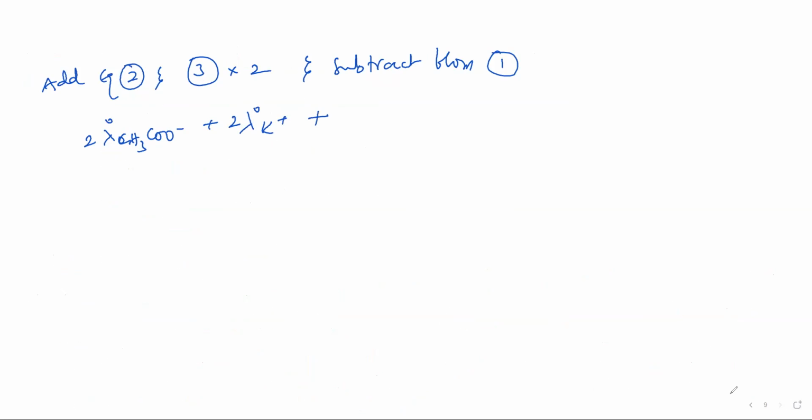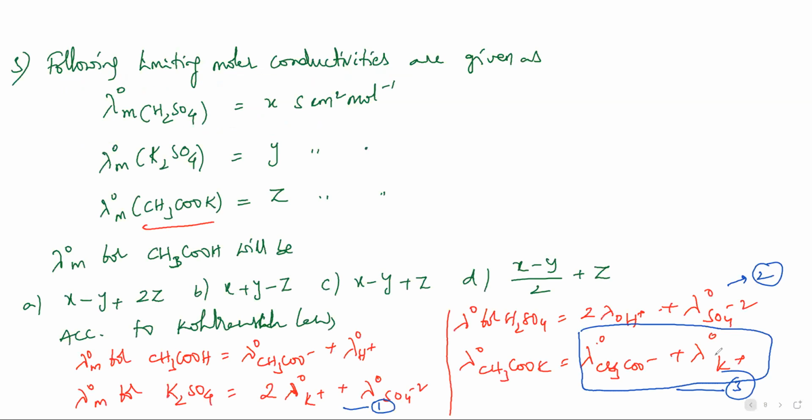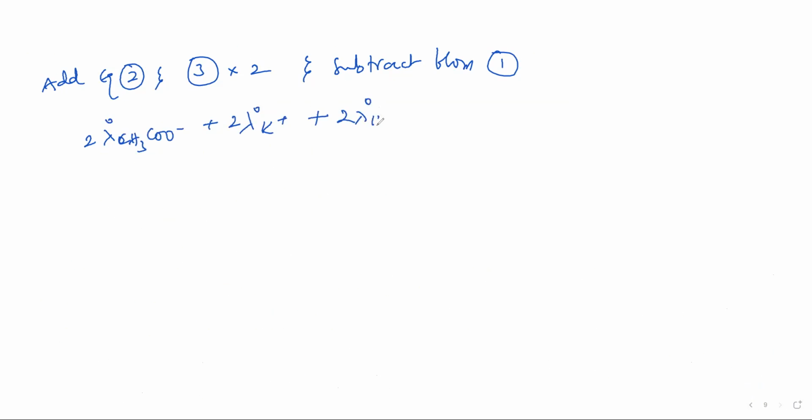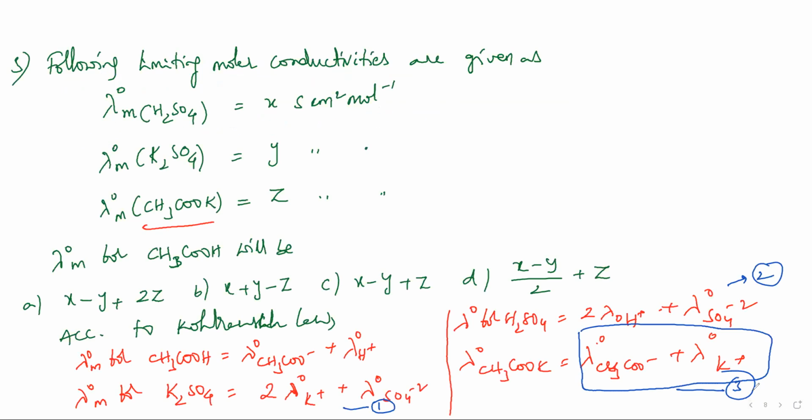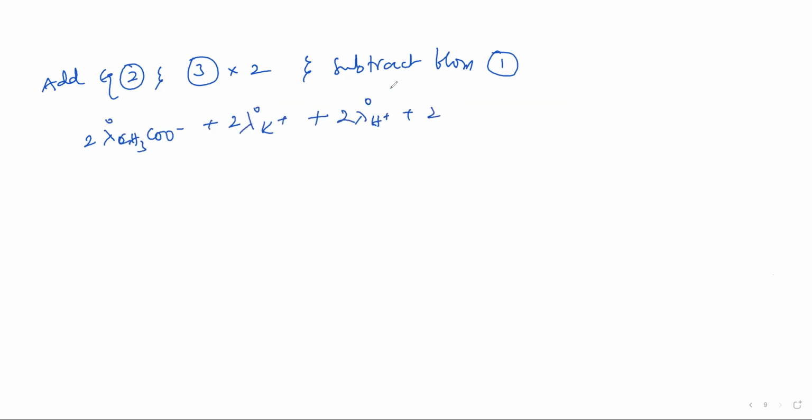Let's add equation 2, what is equation 2? 2 lambda H plus ions plus lambda SO4 minus 2.